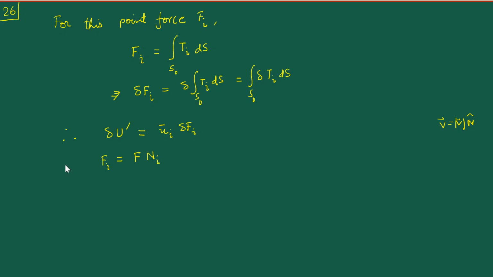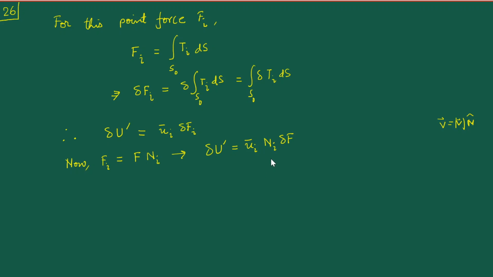So we know this, and so what we can say is that delta u dash is ui bar ni delta f.